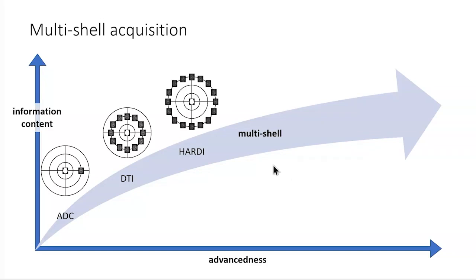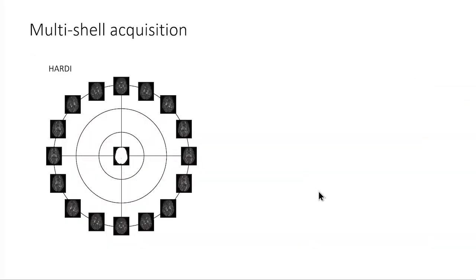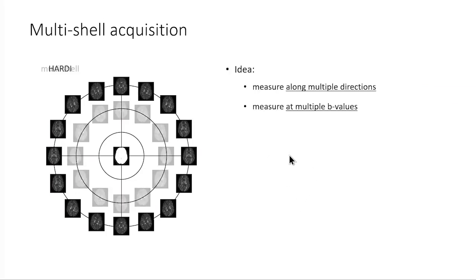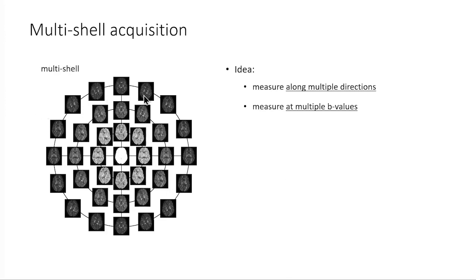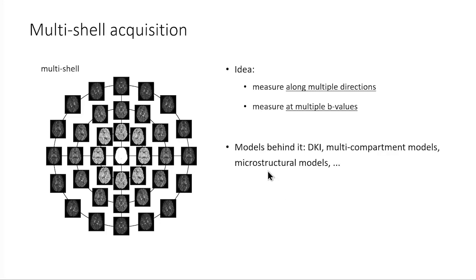So let's now move on to multi-shell. If this is the HARDI acquisition, what multi-shell acquisitions change is they add measures at multiple B values. And because typically we only select B values from a discrete set, we end up with these nice concentric shell-wise acquisitions.